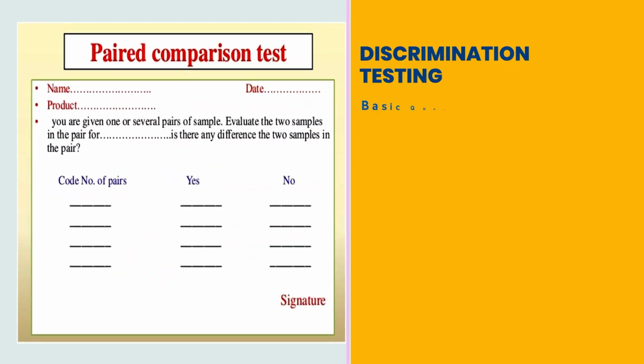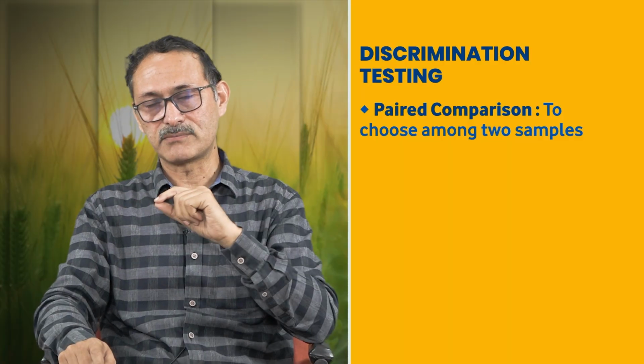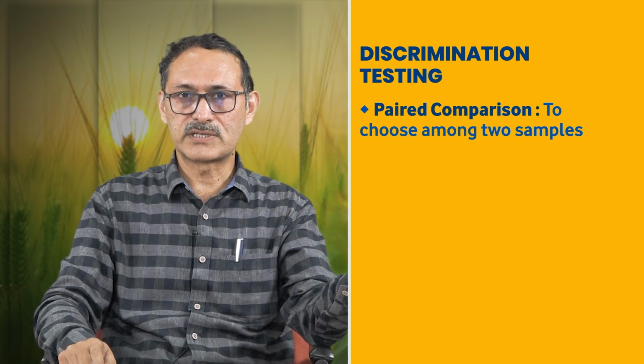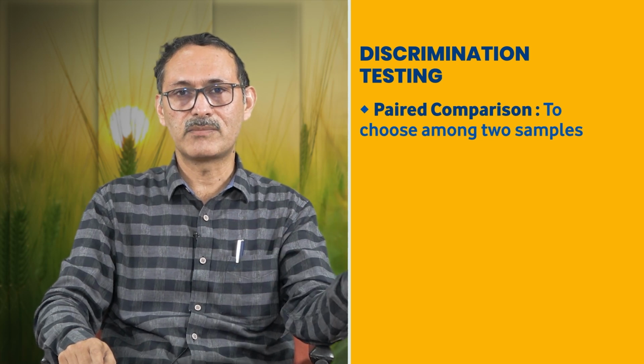Here the basic question to be solved is, are the two products different? And it can be done in different ways. Paired comparison is the simplest test. There are two samples, and you choose whether they are same or different.